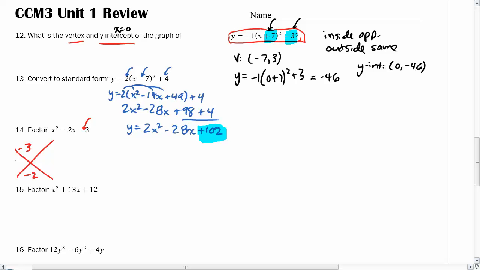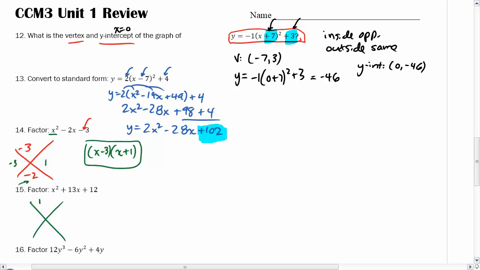Well, the only numbers which give you 3 at all are 3 and 1. Since it's negative, one of these has to be negative. Since the bottom number is negative, the bigger number has to be negative. So that's going to give you x minus 3, x plus 1. No need to divide and slide because that's a 1x squared, so you're done.